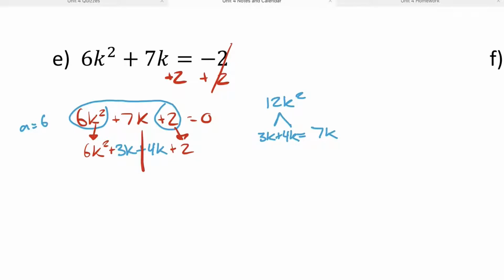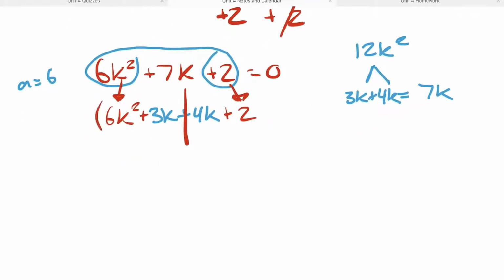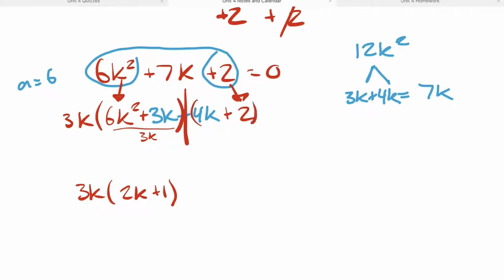So what would be the greatest common factor for the left side? You could factor out a 3, and you can factor out a k. That would leave us with 3k times 2k plus 1. And then on the right side, looks like we can factor out a 2.